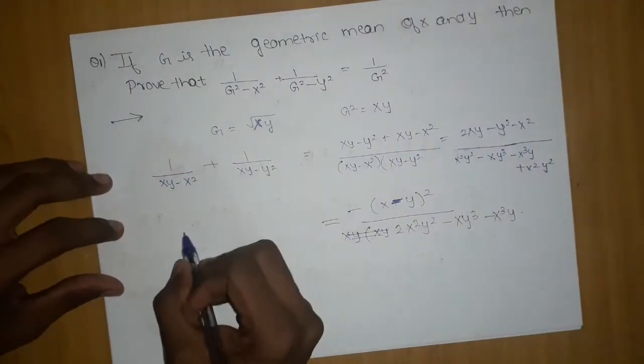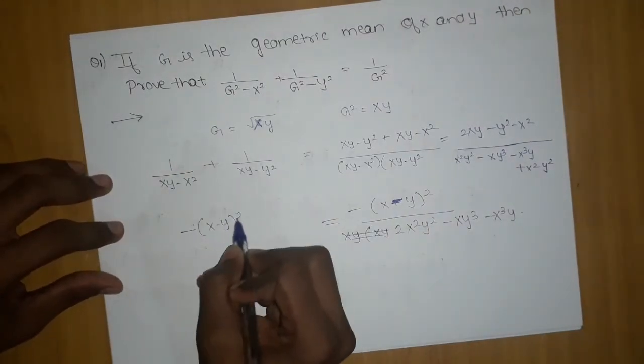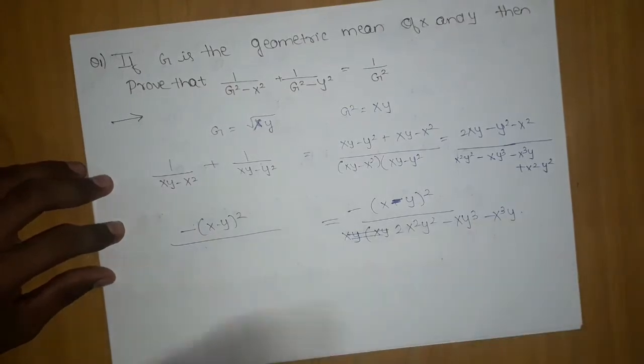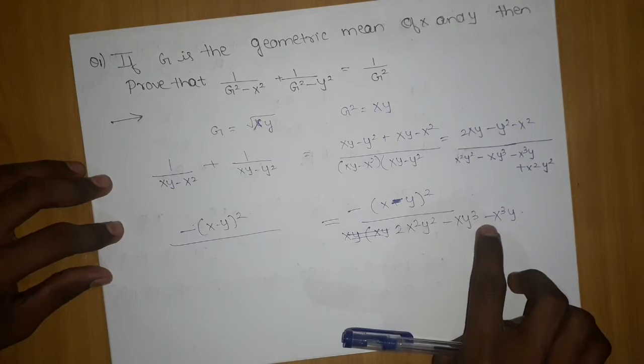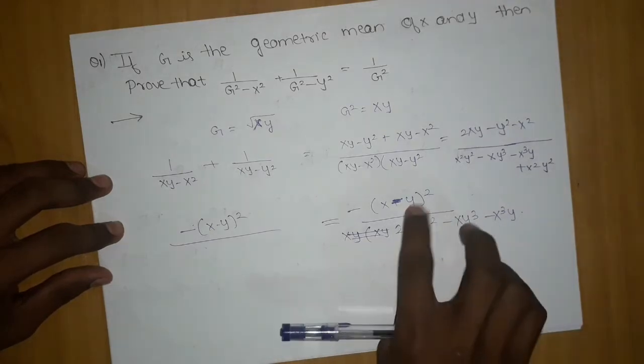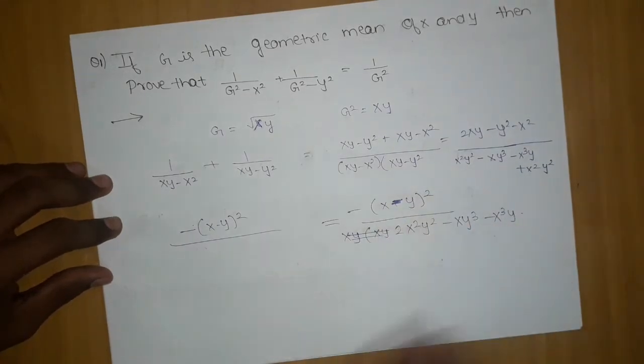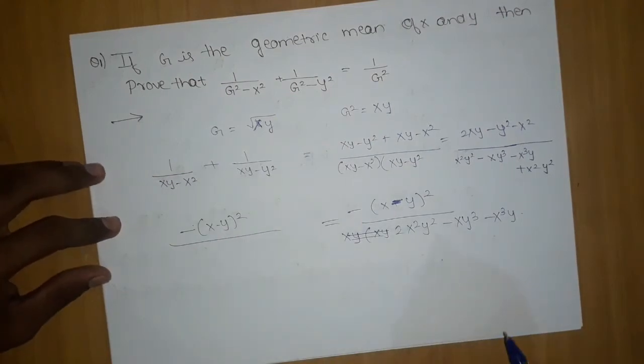Now x minus y the whole square upon this thing. If I take xy common, minus also, because here we have to form it like this in the bottom. I can see that it is forming a square with a little manipulation, taking xy common.